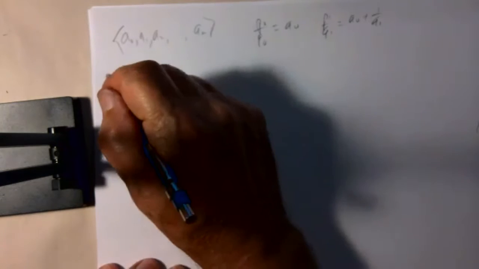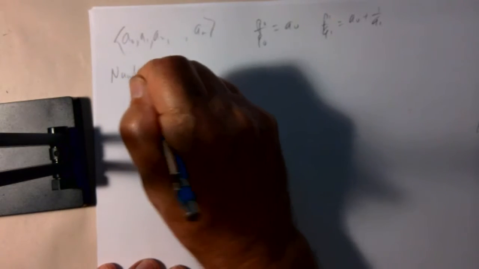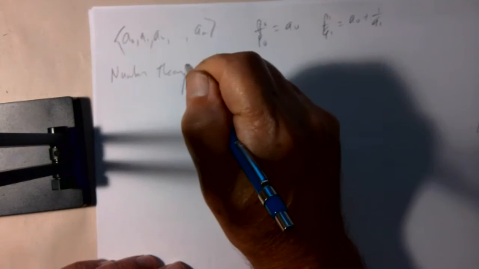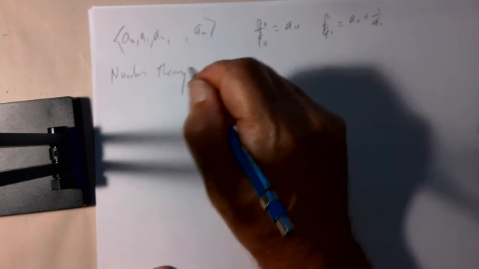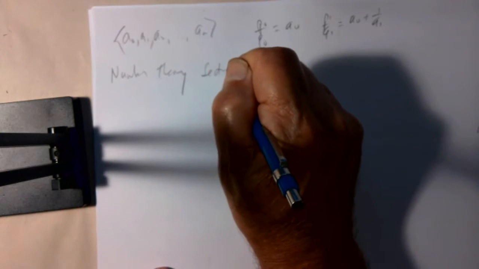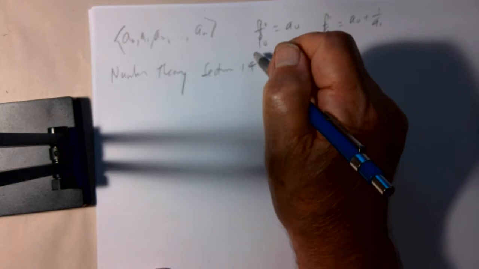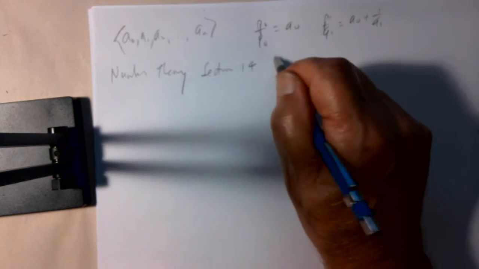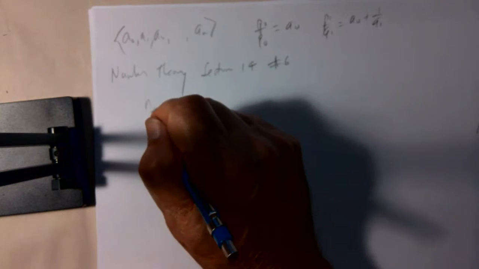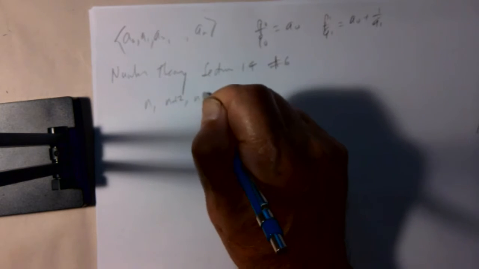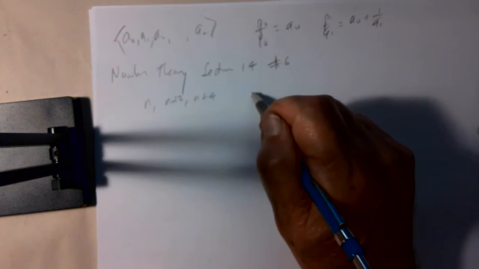Okay, so this is number theory, section 1.4, number 6. We look at the 3 numbers n, n plus 2, and n plus 4.